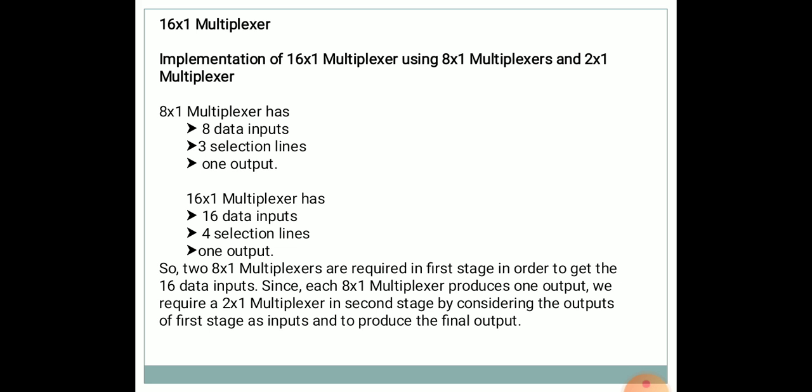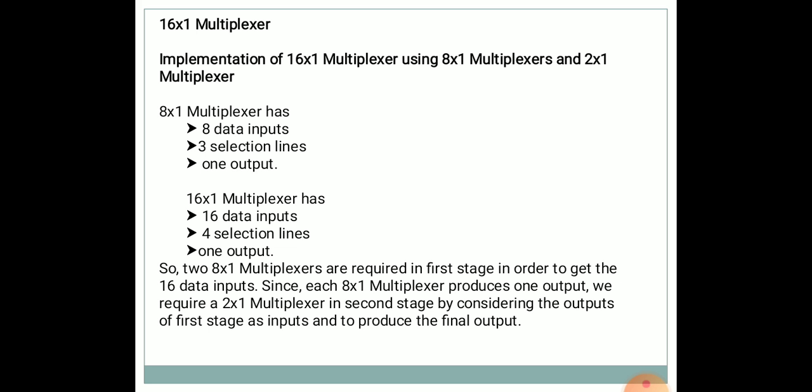So an 8 cross 1 multiplexer contains 8 data inputs, 3 selection lines and 1 output. And a 16 cross 1 multiplexer has 16 data inputs, 4 selection lines and 1 output.